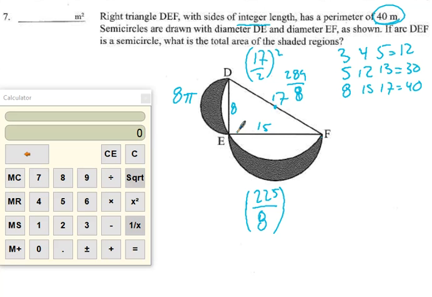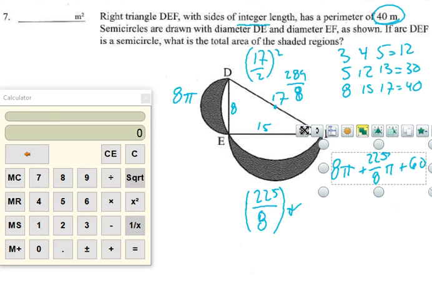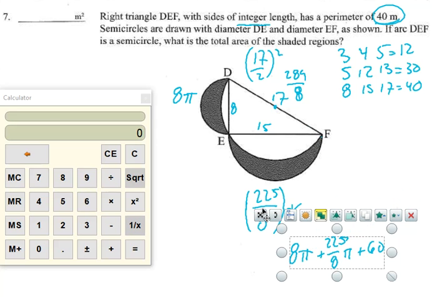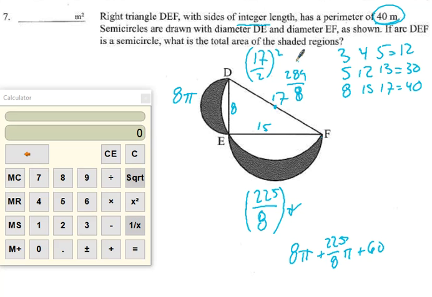So we're going to have 8 pi plus 225 over 8 pi, plus 60, because half of 8 is 4, and 4 times 15 is 60. All of this is then subtracted by my big semicircle right here, minus 289 over 8 pi.